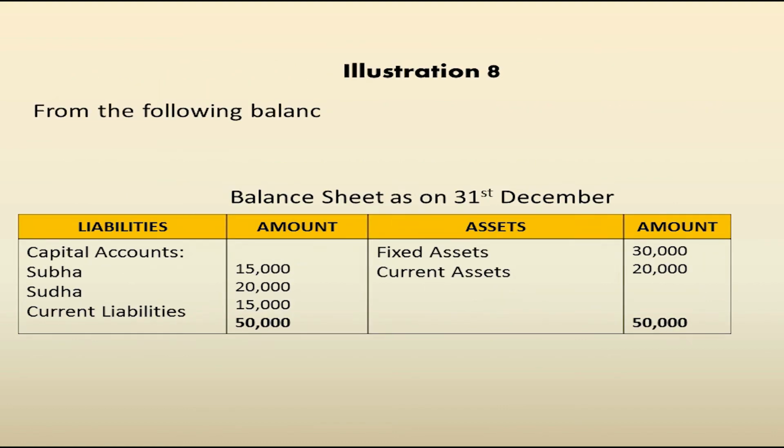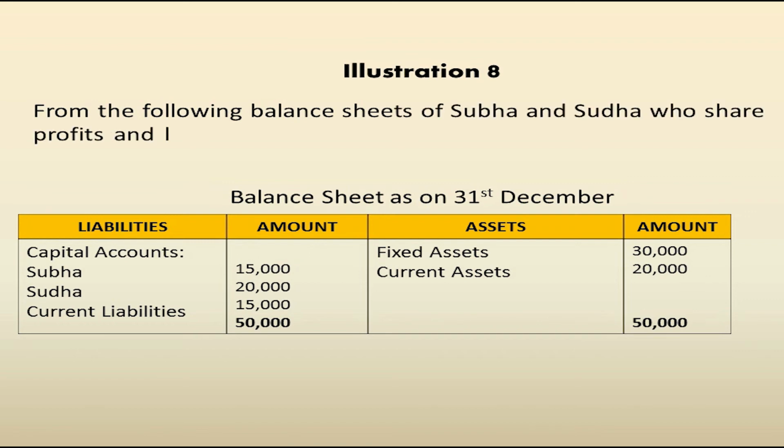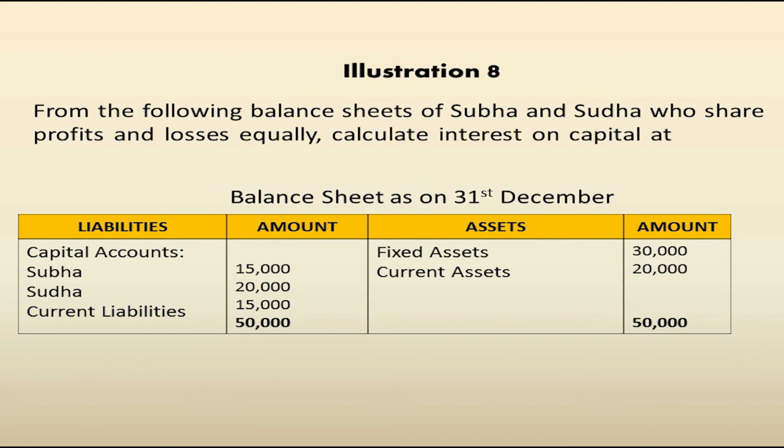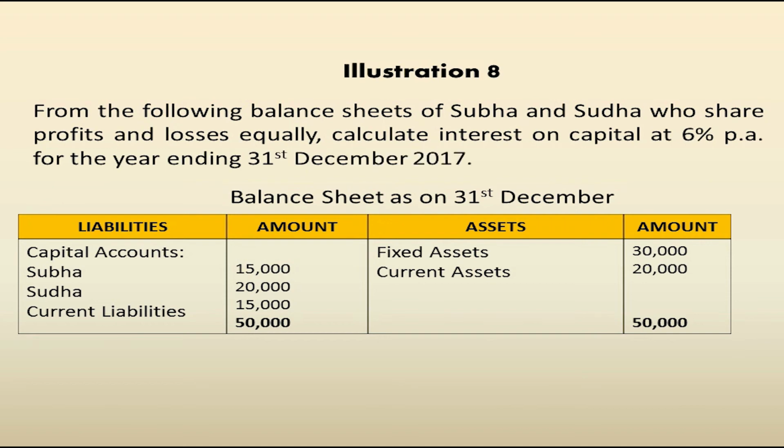Now let's look at illustration 8. From the following balance sheet of Shubha and Sudha, who share profits and losses equally, calculate interest on capital at 6% per annum for the year ending 31st December 2017. Let's see the balance sheet as on 31st December. Liabilities: we have capital accounts of Shubha and Sudha, that is 15,000 and 20,000, and the current liabilities is 15,000.